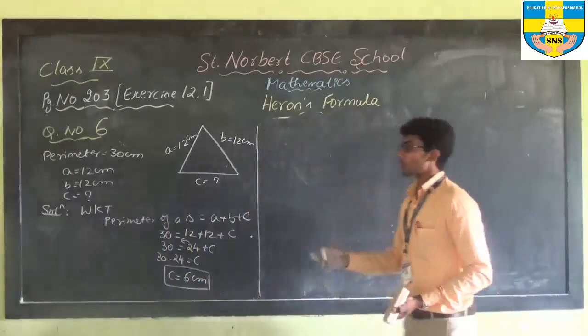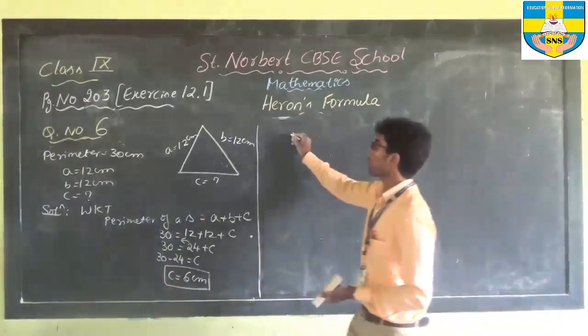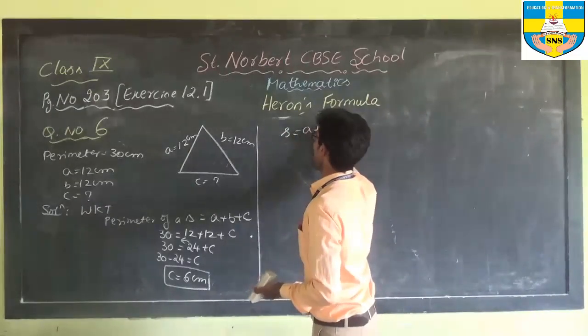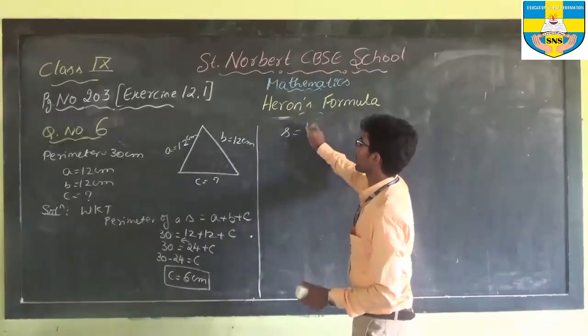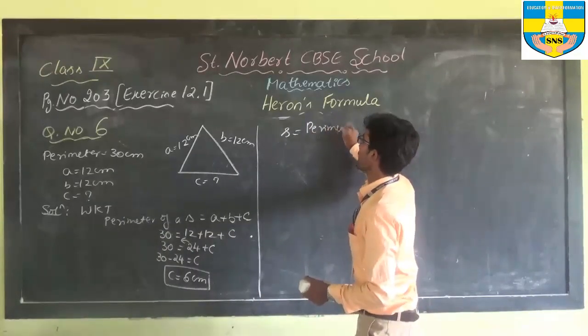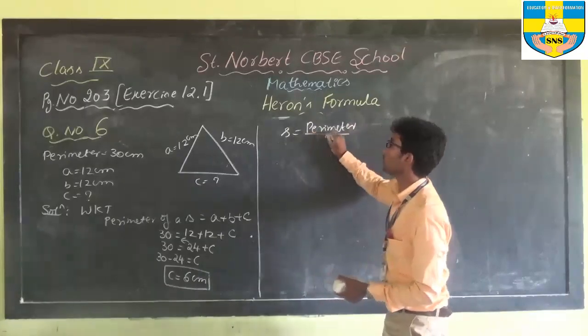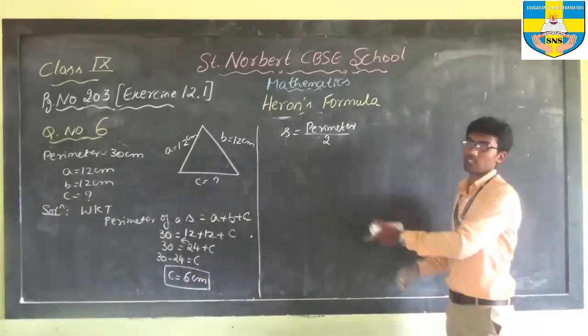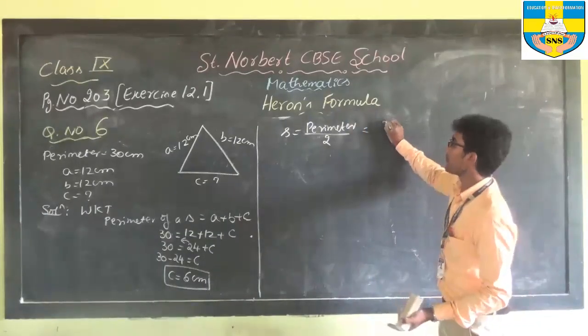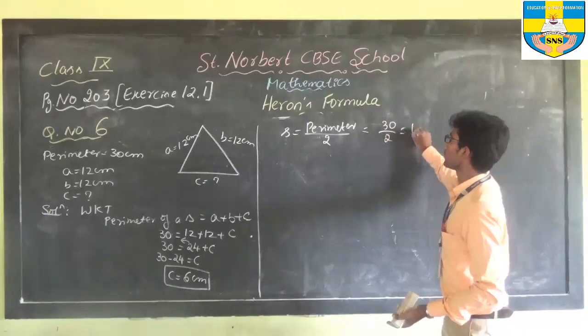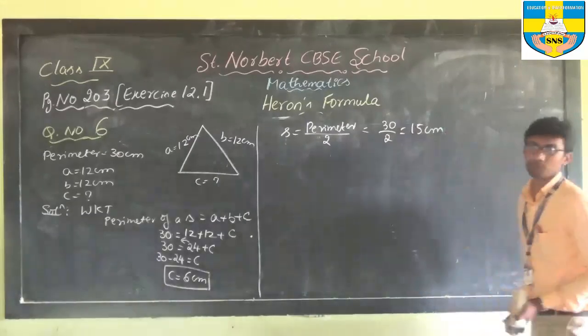Now let us try to calculate by using C. You can go for S and also the area. You can use the perimeter; even you can use A plus B plus C by 2. Since the perimeter is already given, instead of going for the calculation, you can directly write perimeter by 2. Perimeter is 30. 30 by 2, 15 centimeter. Okay.